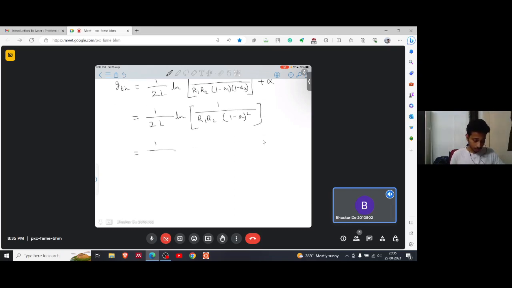Then we'll put the values: 1 by 2 into 0.2, ln of 1 by 0.999, which is the reflectivity, multiplied by 0.98, then (1 minus 0.002) whole square.